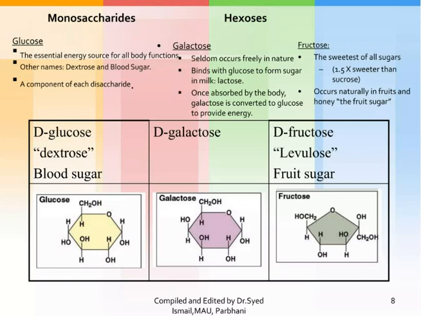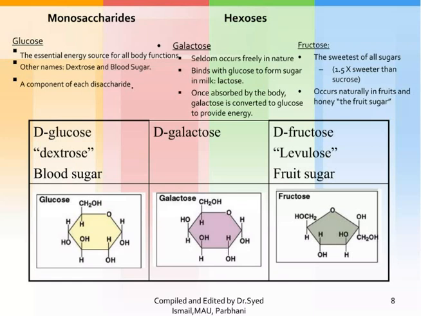D-fructose, levulose, fruit sugar. So you can see the structure of glucose, galactose and fructose. Fructose is entirely different from glucose. Here you can see the 5-member ring in fructose, in glucose a 6-member ring. And galactose, you can see the differences.